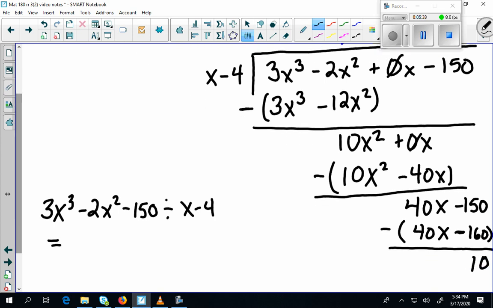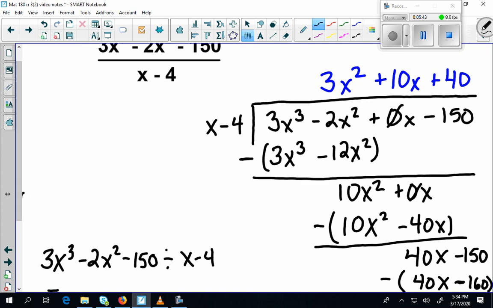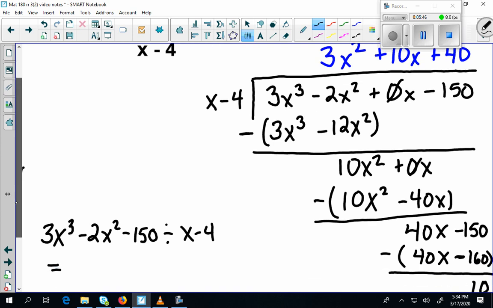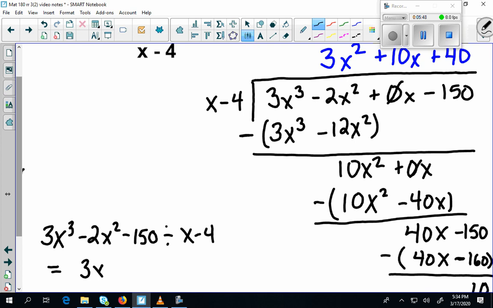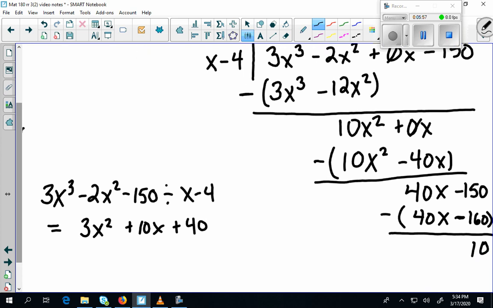The answer is 3x squared plus 10x plus 40, and then our remainder was 10. So it's positive, and 10 parts left out of what we're trying to take out, x minus 4. So that is my answer.